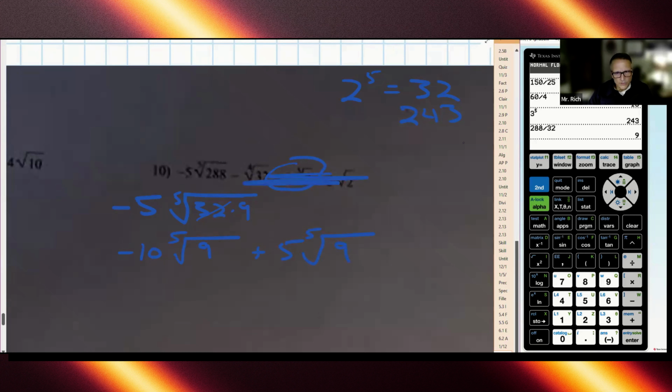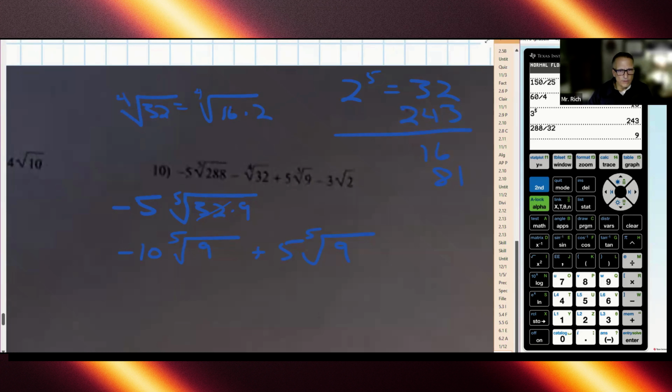Now I'm going to turn my attention to this fourth root right here. So now I'm going to write down my perfect fourth roots. 2 to the fourth is 16. 3 to the fourth is 81. So that means if I'm going to simplify that fourth root of 32, I'm going to rewrite it as the fourth root of 16 times 2.